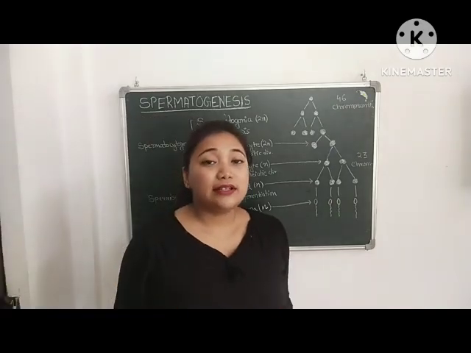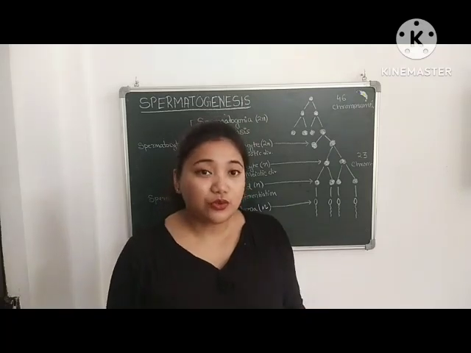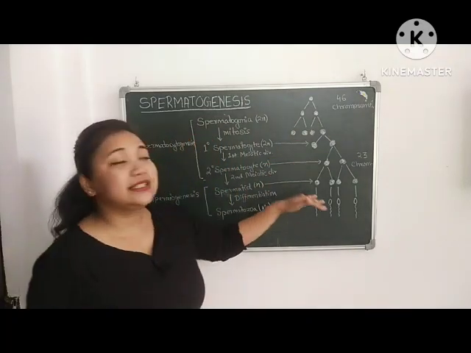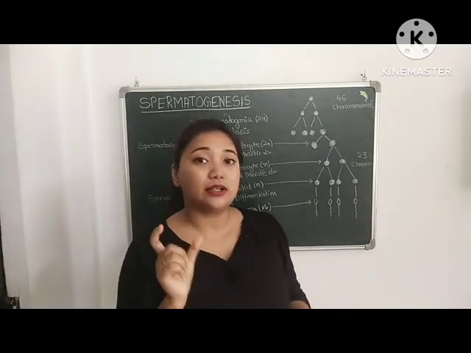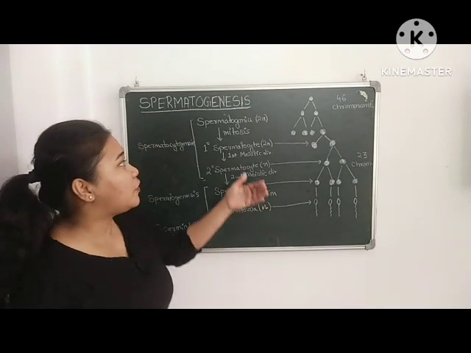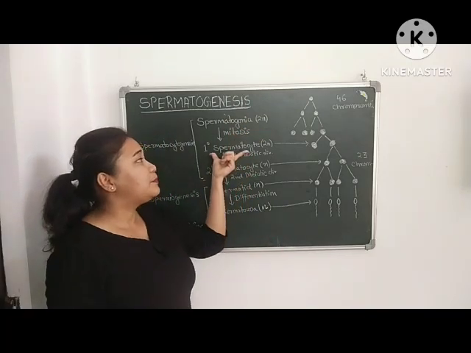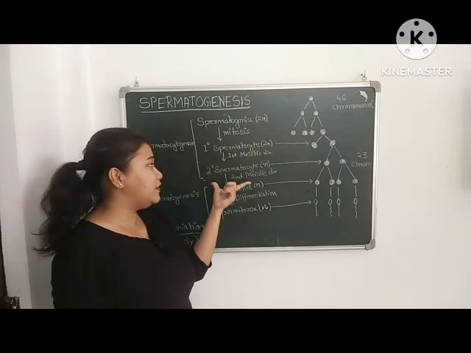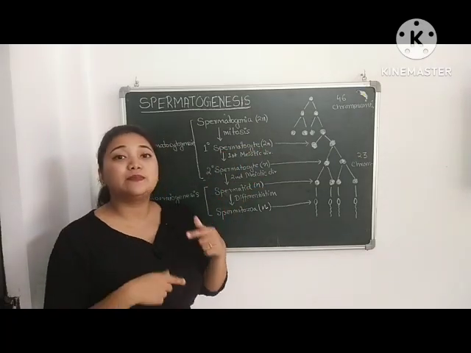Now there are certain terminologies which are used for the different stages of this whole process. Now we are going to learn the terminologies. So first of all, what happened from the spermatogonia? We got primary spermatocyte, and then we got secondary spermatocyte. So here what was happening?